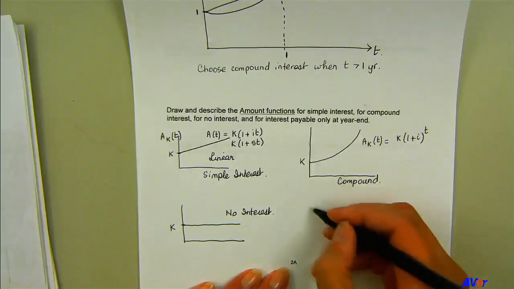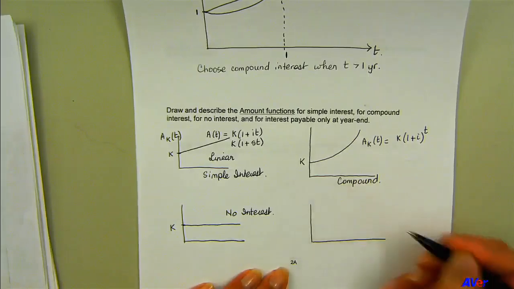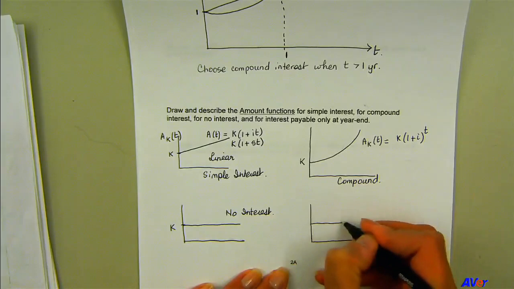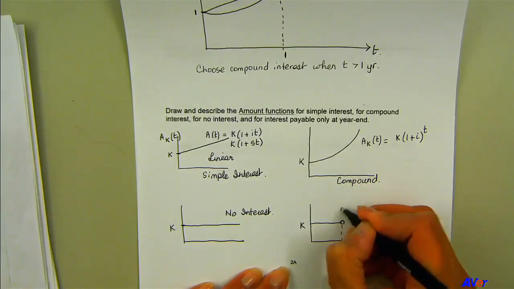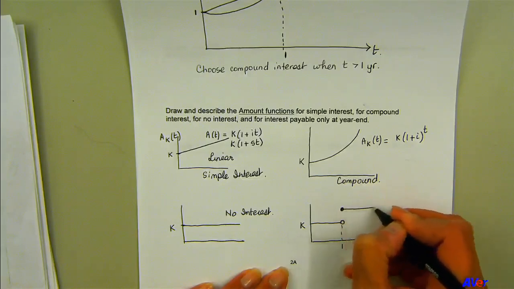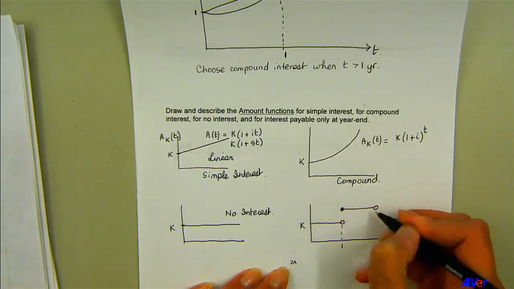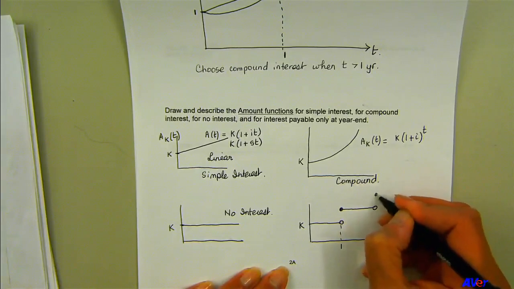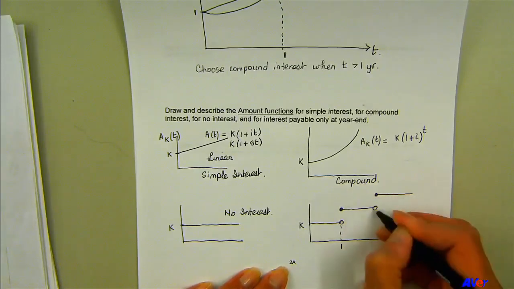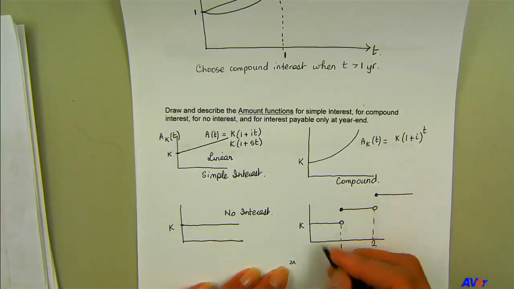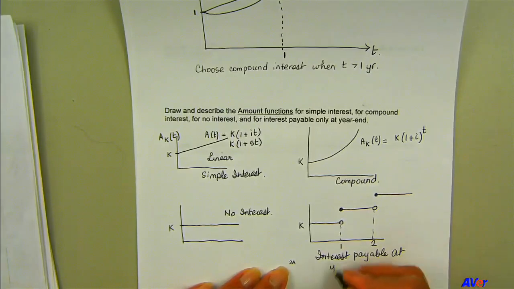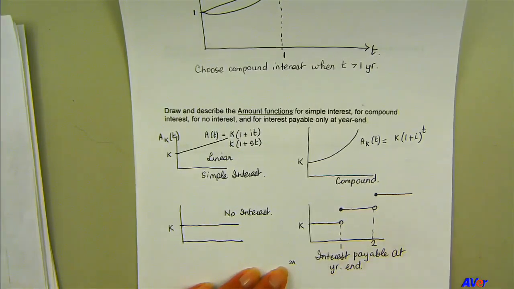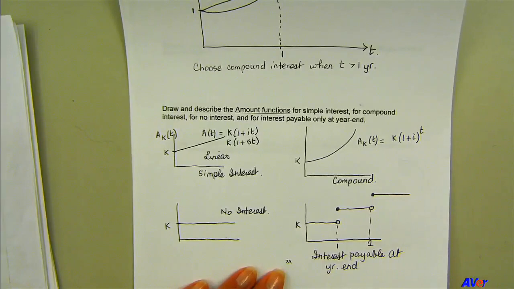And lastly, you have that step function where you start with k. At time 1, it jumps up because you add the interest at time 1, then it stays flat, then it jumps up. And this is interest payable at year end. You agree, right?